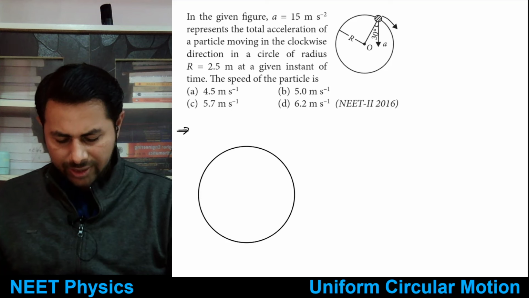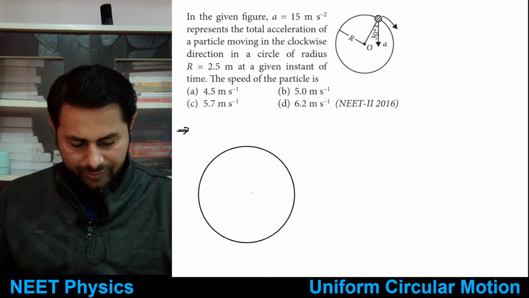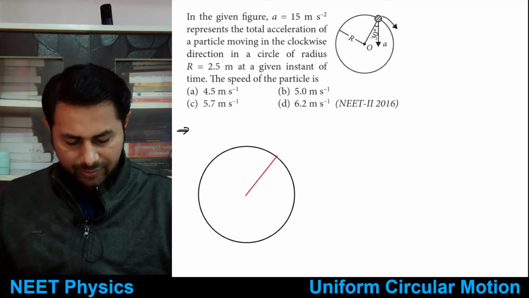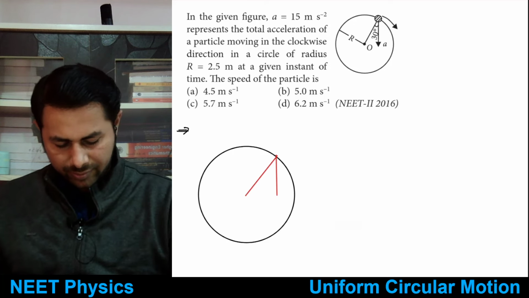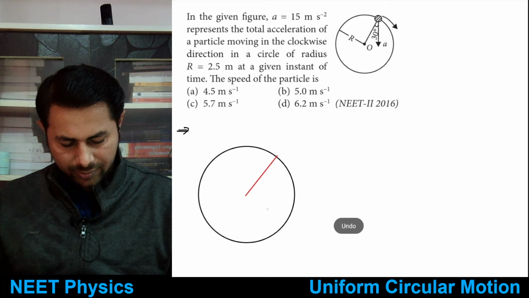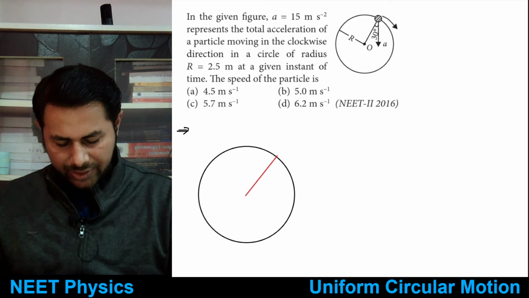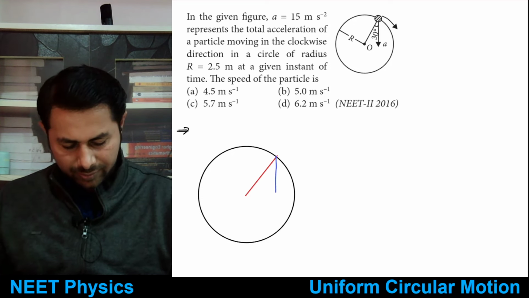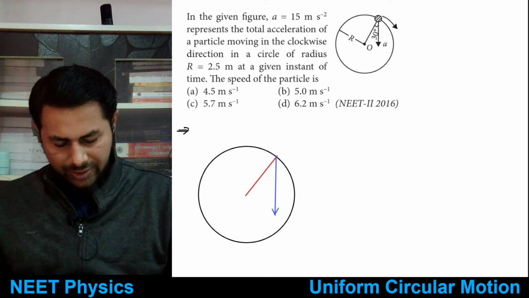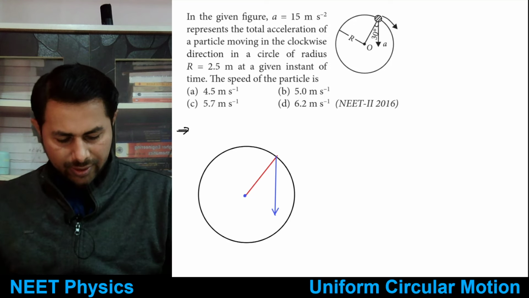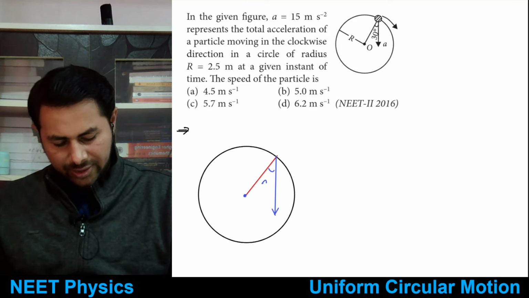So, I am just redrawing it. So, the angle between total acceleration and radius is given. So, this angle is 30 degrees.